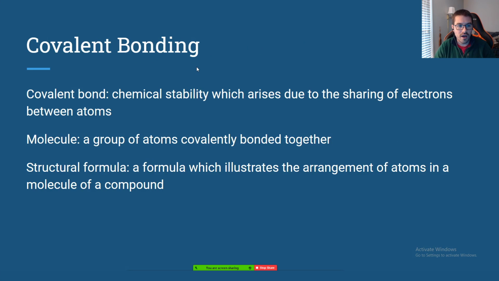Now the other type of bonding, and that's what we've got to get into today, is called covalent bonding. And this is different. In covalent bonding, there is no transfer of electrons. Instead, covalent bonding is the chemical stability which arises due to the sharing of electrons. So instead of electrons hopping ship and going from one atom to another, completely moving, they get shared between pairs of atoms.